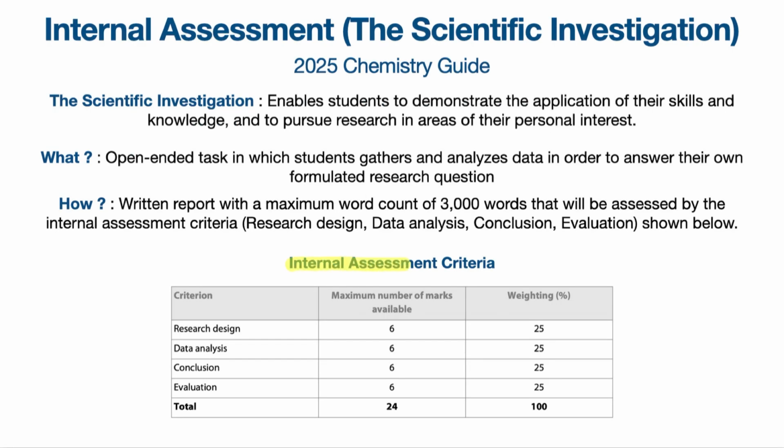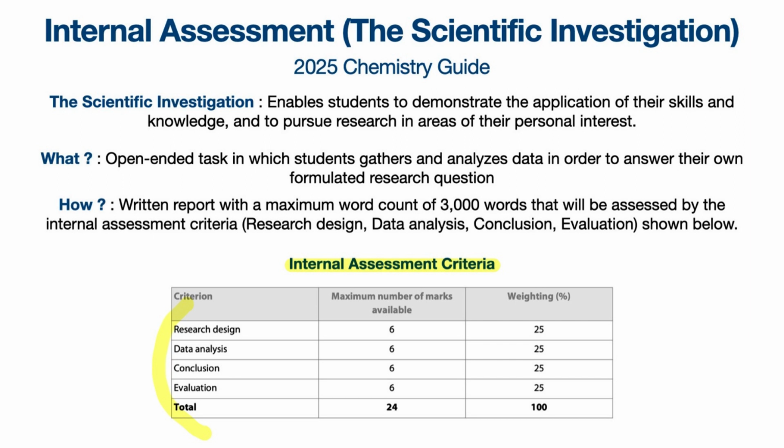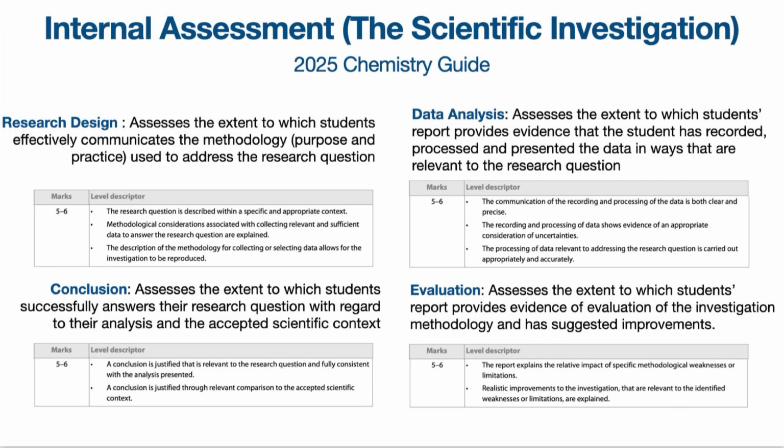Looking at the internal assessment criteria, you can see that it is composed of 4 criteria: research design, data analysis, conclusion, and evaluation. Each criterion weighs 25%. Let's look at each criterion in detail. First, research design.